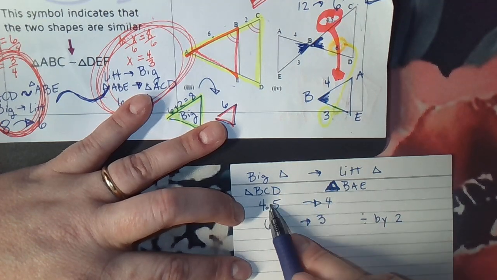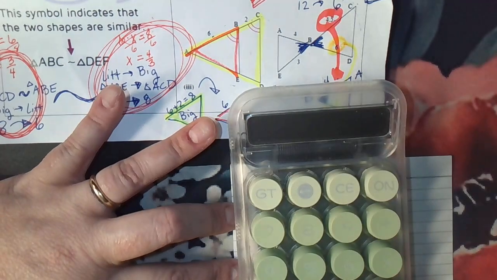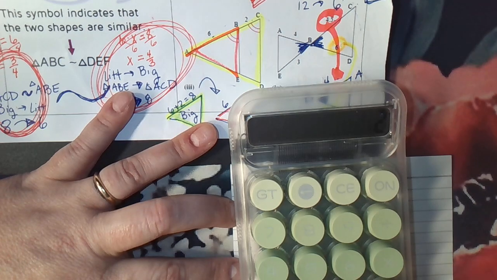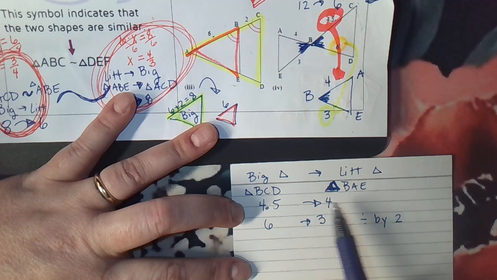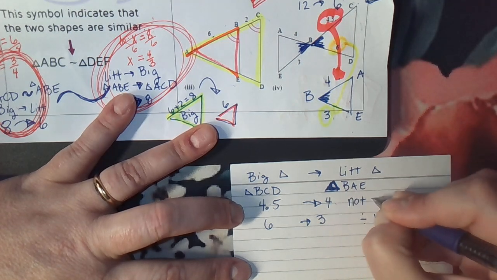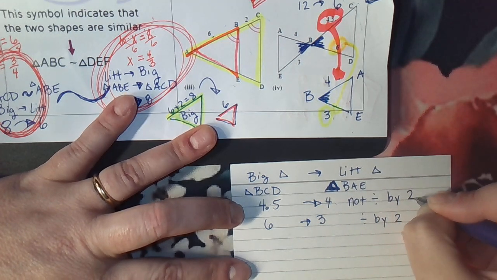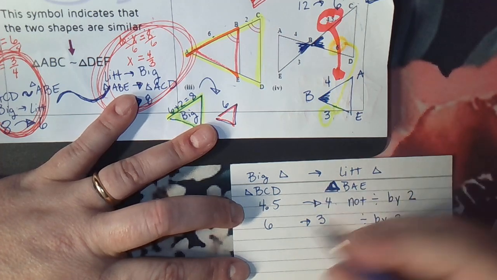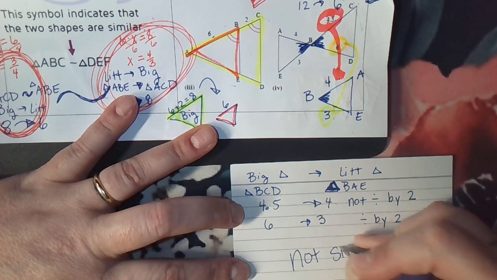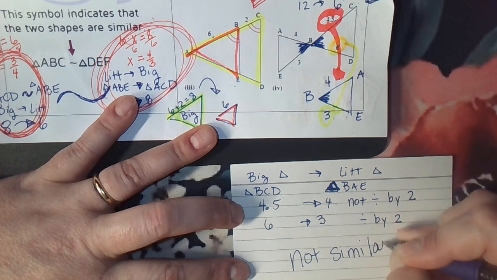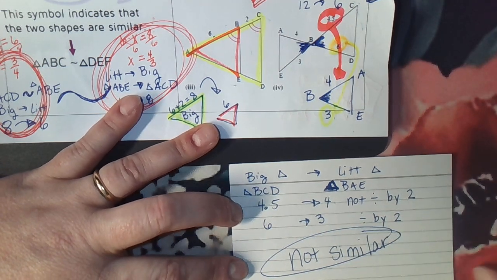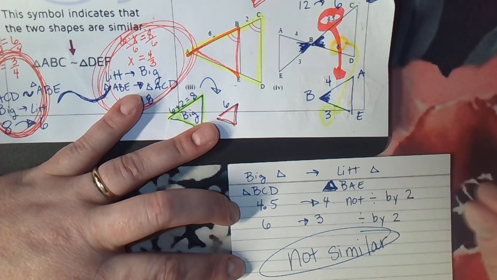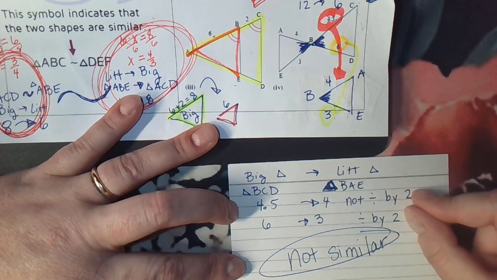What about when I go from 4.5 to 4? Is 4.5 divided by 2? It's supposed to be 4. So these suckers are not similar, because we can't multiply or divide by the same scale factor. Alright, let's keep going.